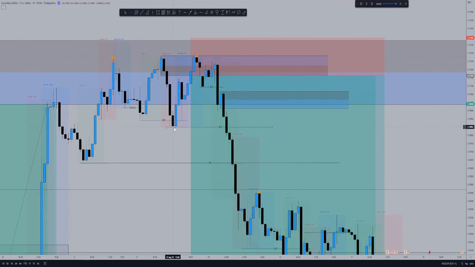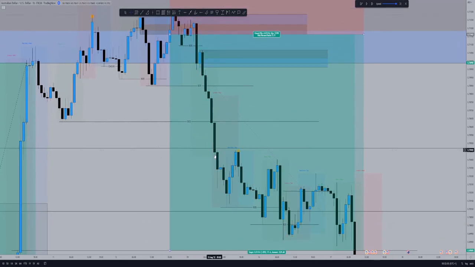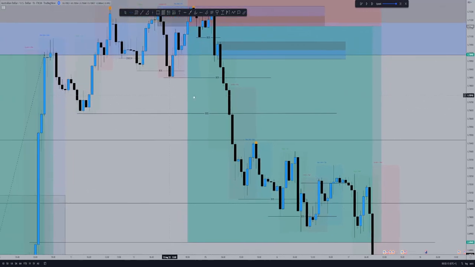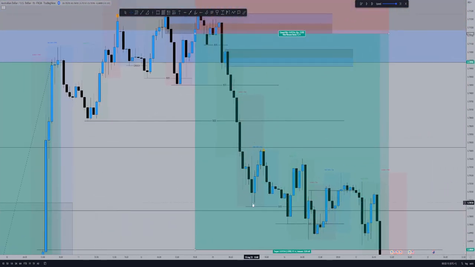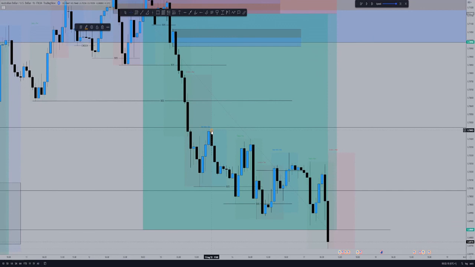We then break structure to the downside again, form this lower low after breaking this structure, which was the lower high, the higher low for this push, so we broke that, made a lower low. This is our lower high. We then had a lower low, a lower high, a lower low, a lower high.